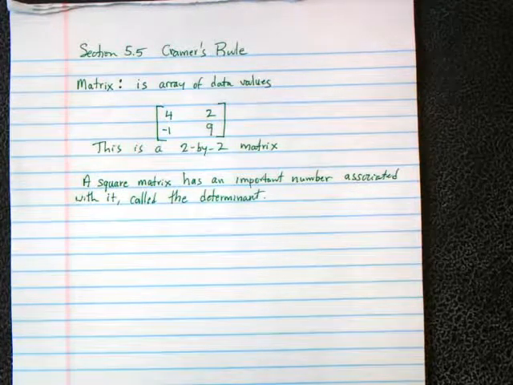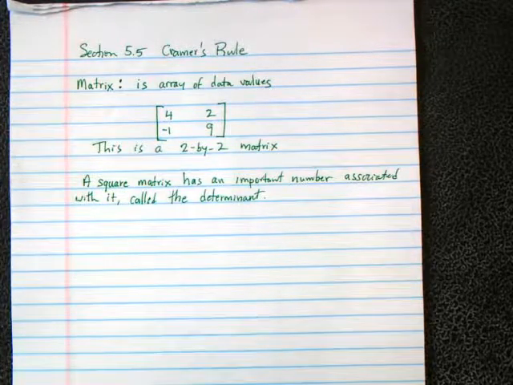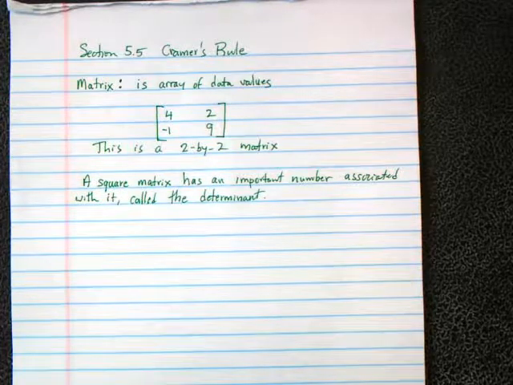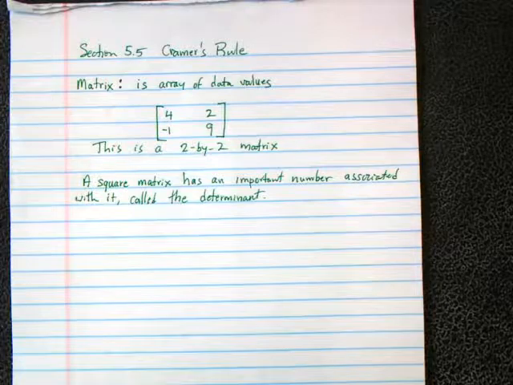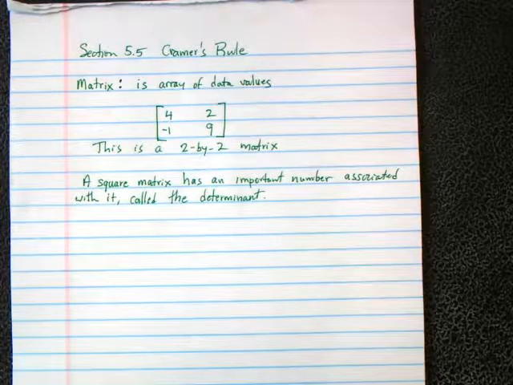This number is good for a lot of things, but for our purposes today, we're going to use this thing called the determinant as a way to solve systems of equations using Cramer's rule.